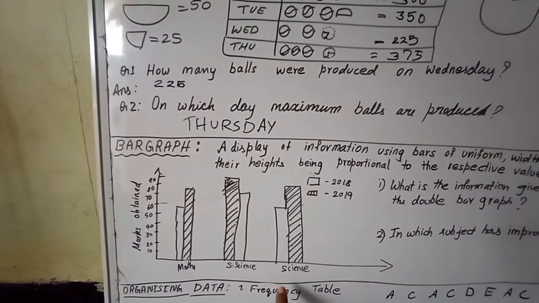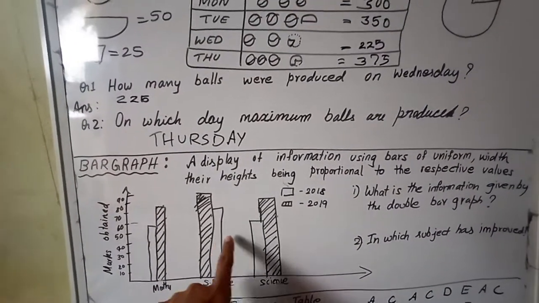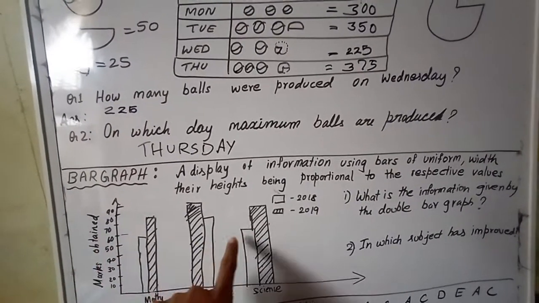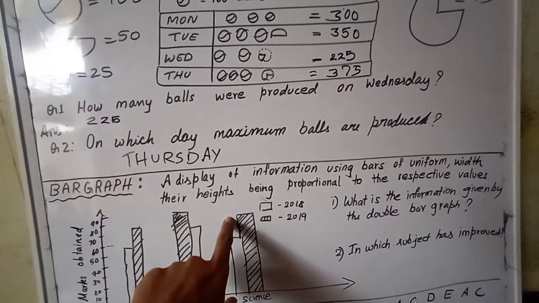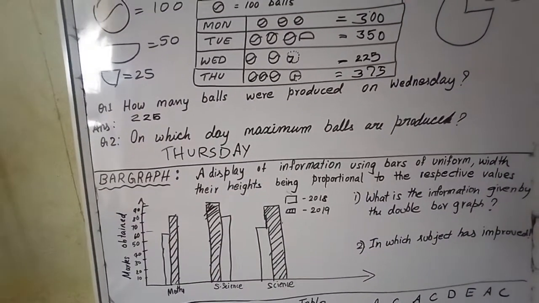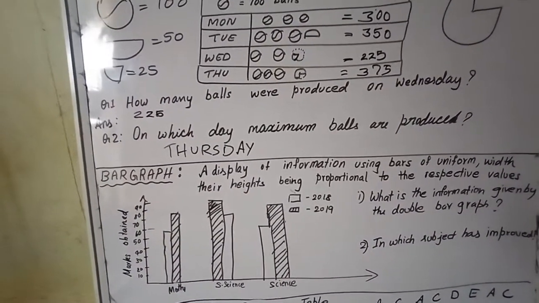The next one, science: earlier the performance was low, just 60, but now it is 80.